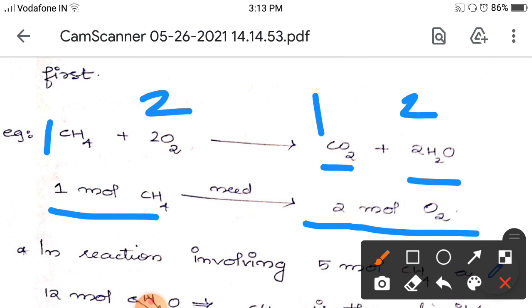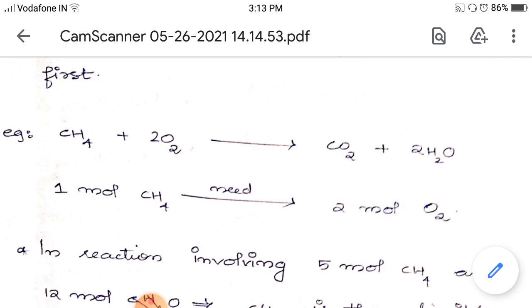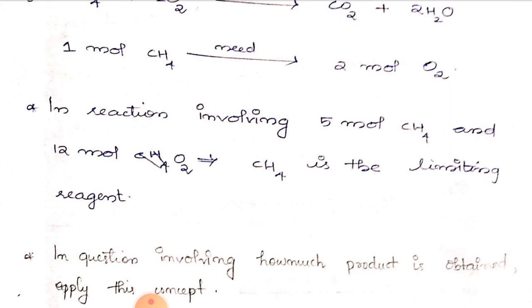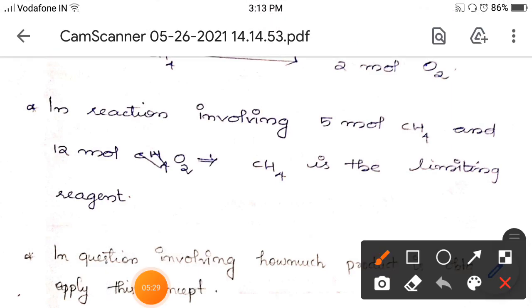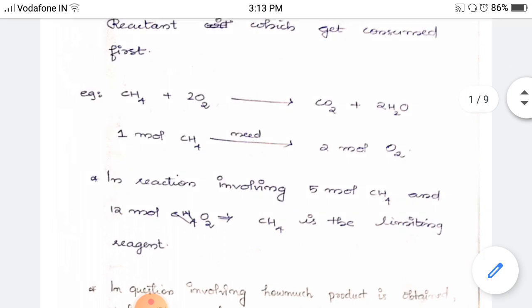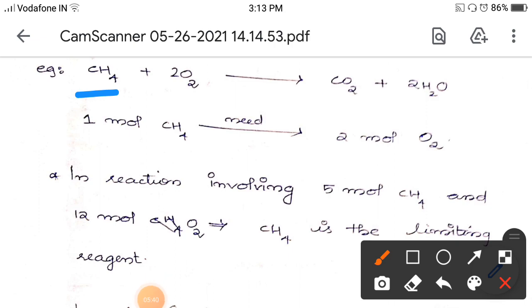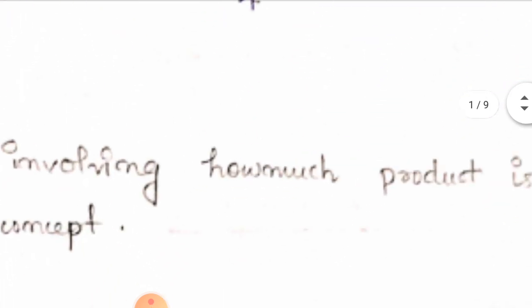This is the balanced chemical equation. Just note this point: 1 mole of CH4 and 2 moles of oxygen are needed for 1 mole of carbon dioxide. Just remember this.